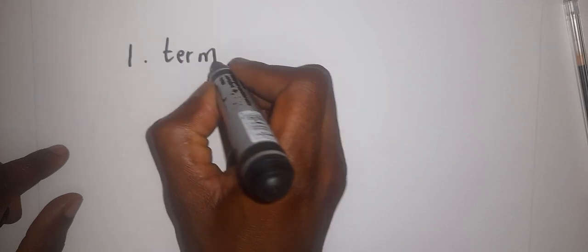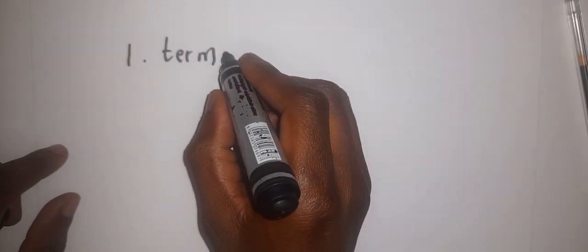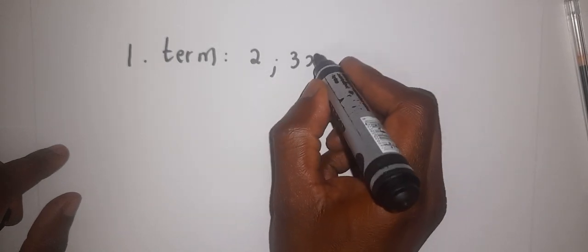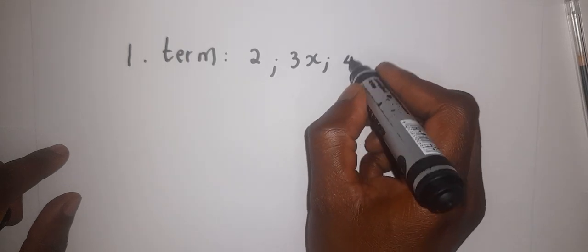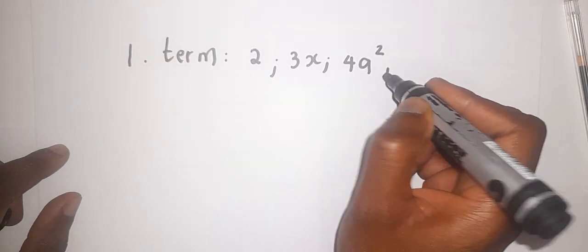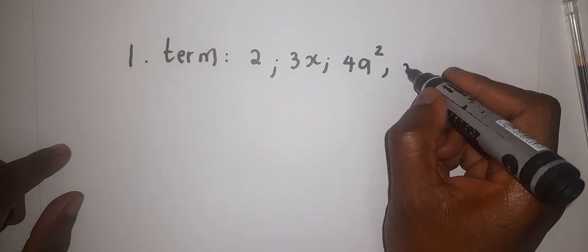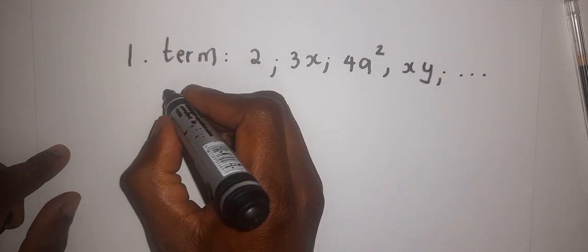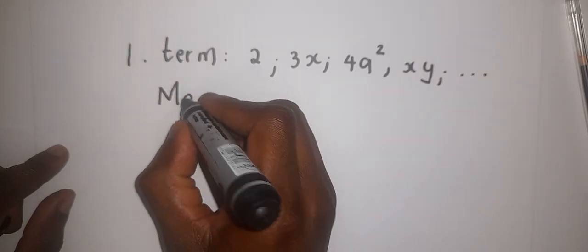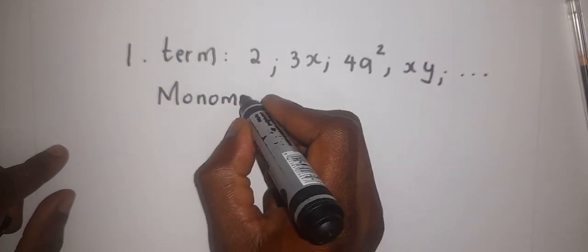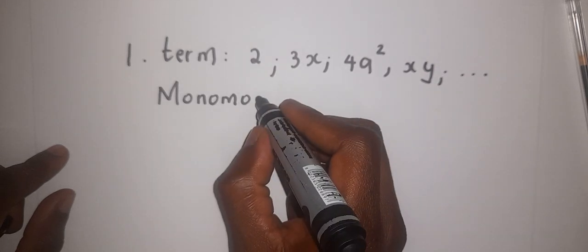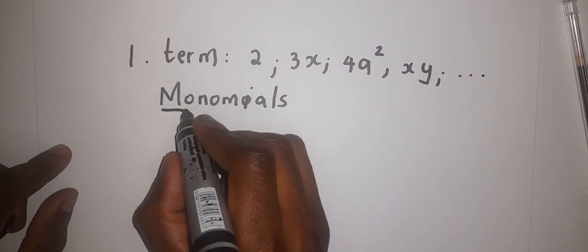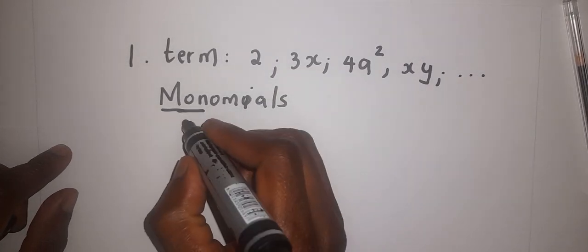If your expression consists of one term, like 2, 3x, 4a squared, terms like xy, and a few more, these terms are referred to as monomials. This comes from the fact that mono means one.